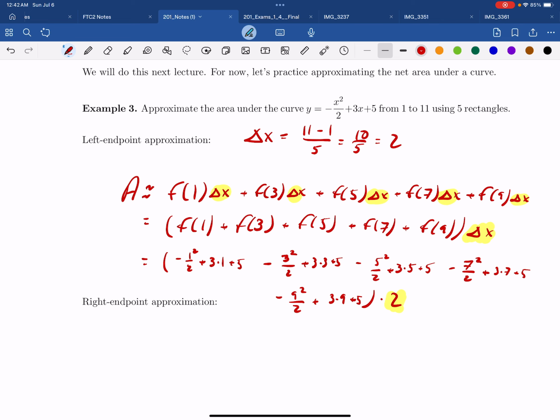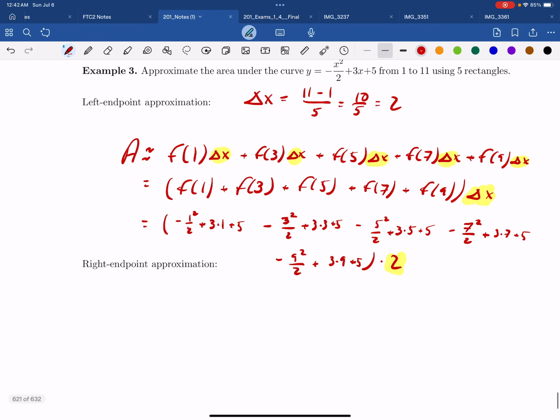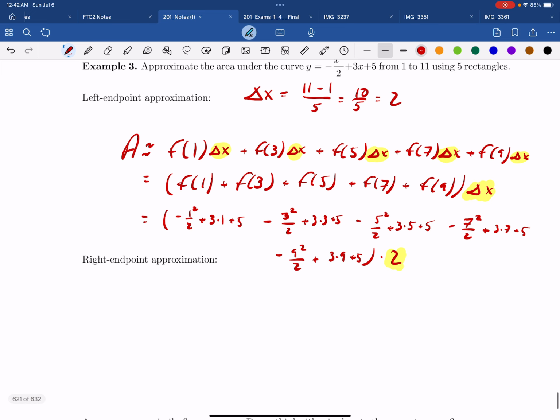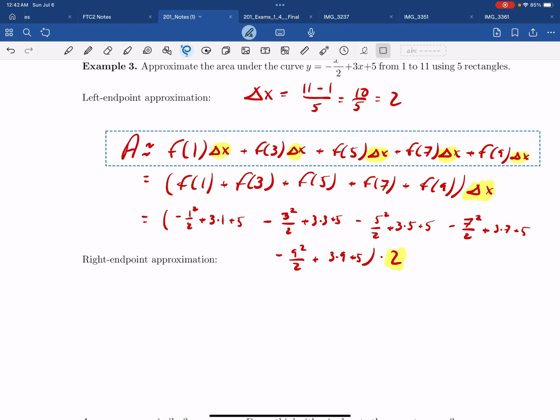That's the formula with left-hand endpoints. Now with right-hand endpoints, it's going to be almost the same thing. In fact, I'm going to copy this, because it's pretty similar.